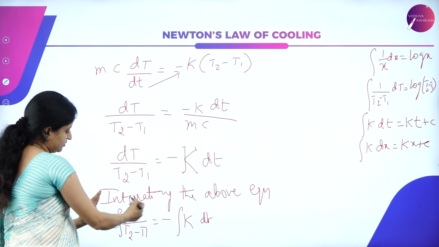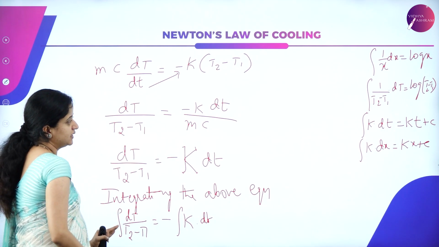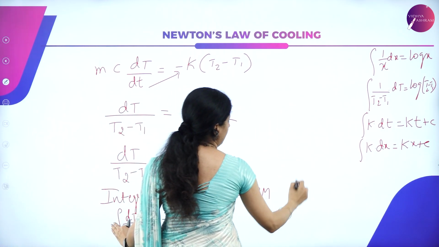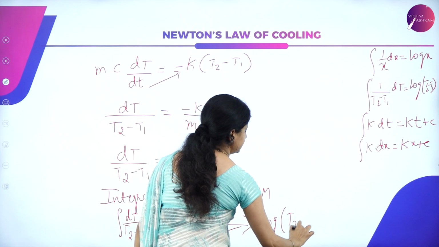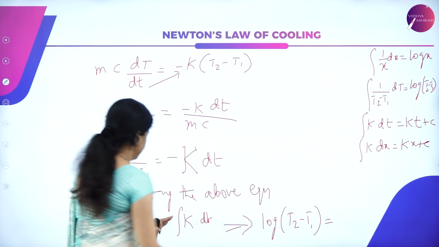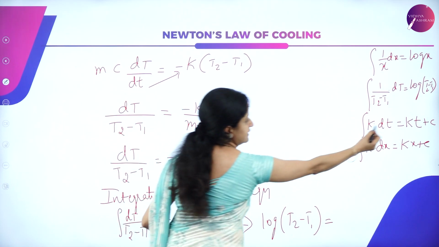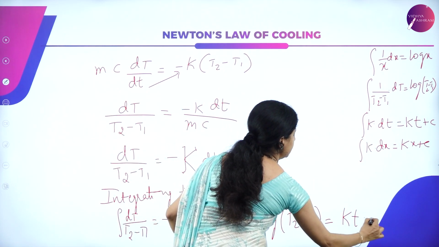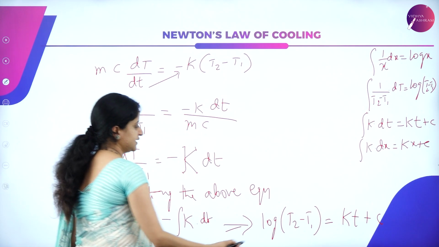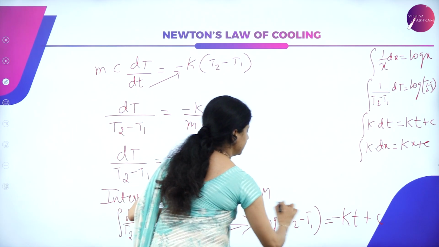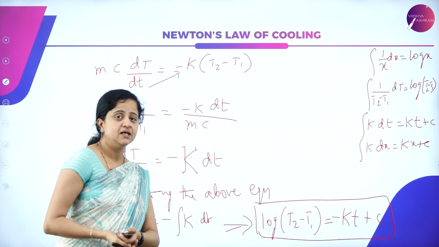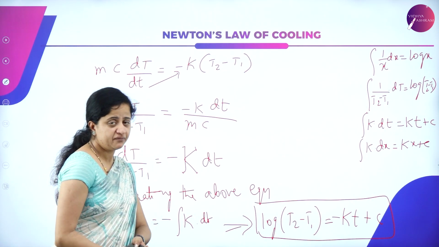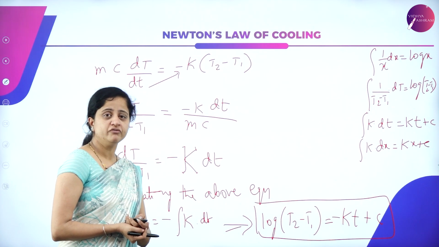In the place of integral of dT divided by T2 minus T1, I have got log of T2 minus T1, which is equal to integral of K into dt, that is Kt plus C, but we have a negative sign here, so it comes with a negative sign. That is log of T2 minus T1 is equal to minus Kt plus C, which is the derivation we have derived with the help of Newton's law of cooling.